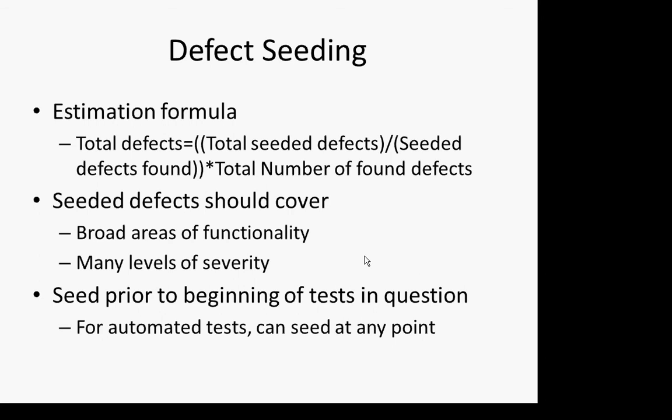We multiply the total number of seeded defects, which we know, just like we knew the number of tagged fish, divided by the seeded defects that are actually found, times the number of defects found. So maybe of the 50 defects you introduced, you found 5 of them within that 2-week period, among the 100 bugs that you found in that period, in which case you probably got about 1,000 bugs. Same exact numbers, same exact reasoning as for the fish.